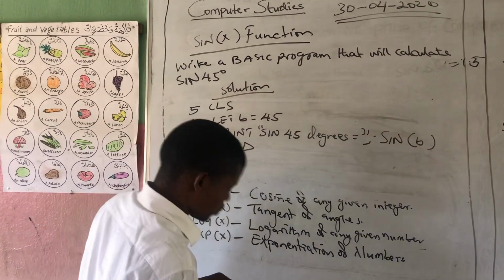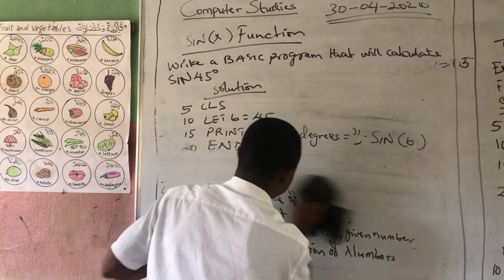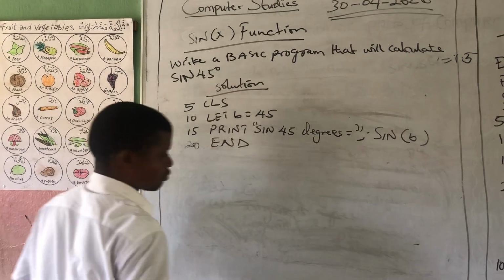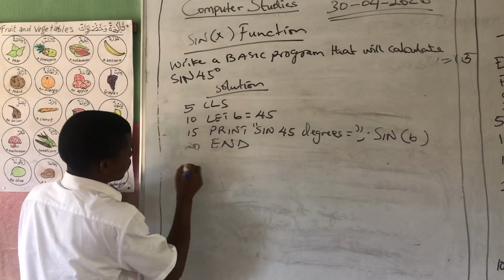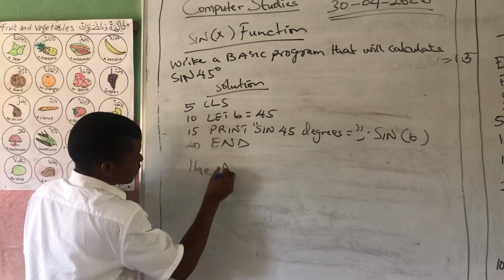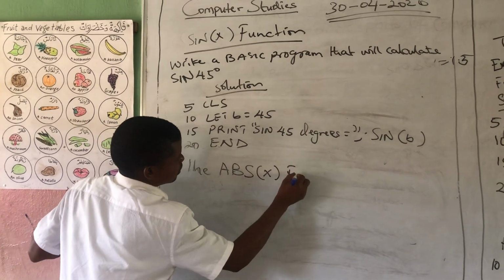Okay? So the next thing we're going to look at is the absolute value, the ABS of x function.